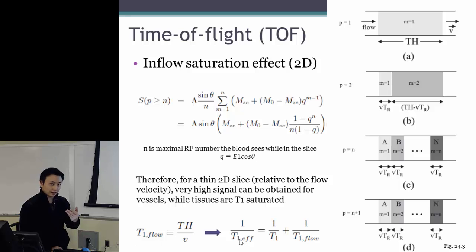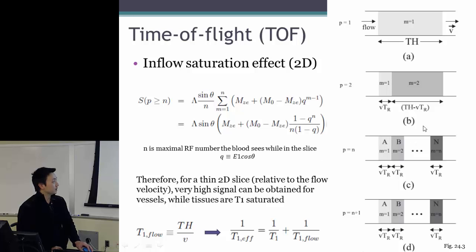With a smaller effective T1, we are able to obtain a higher so-called steady state, but it's not a steady state as we introduced before. So this is the 2D case.